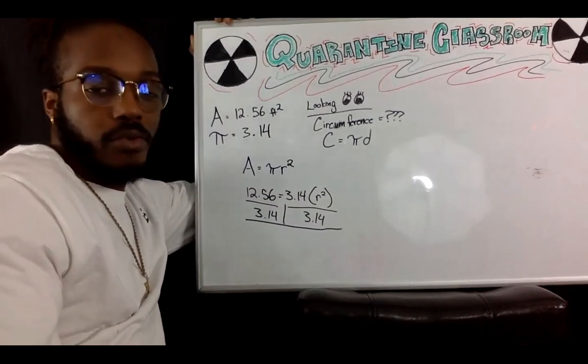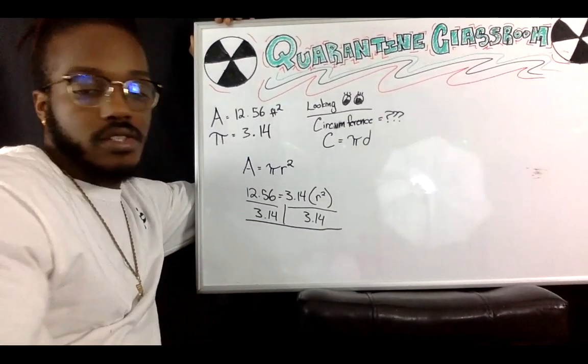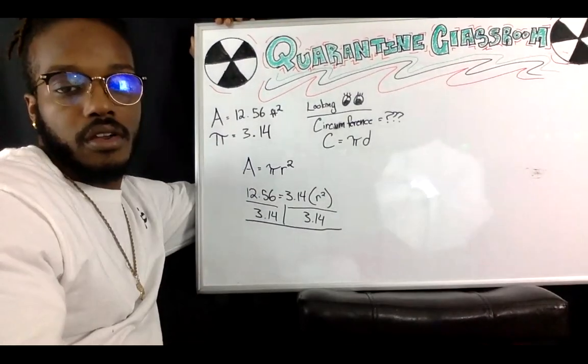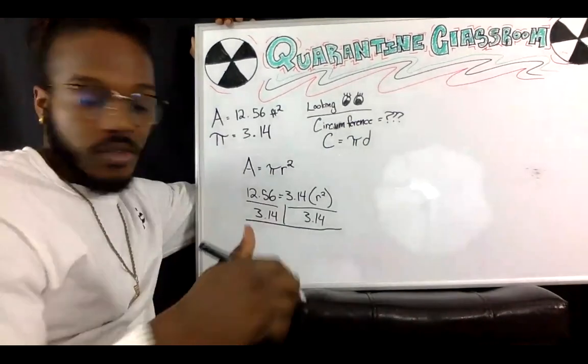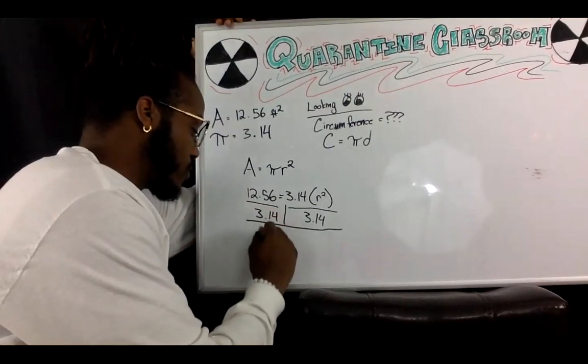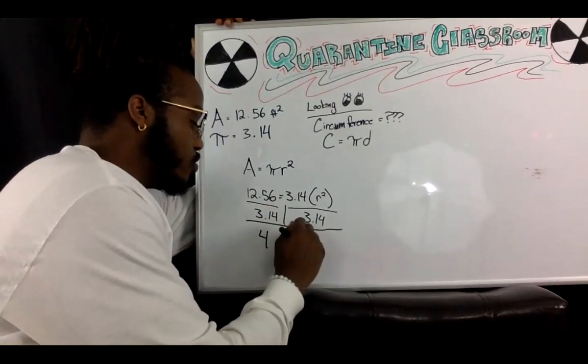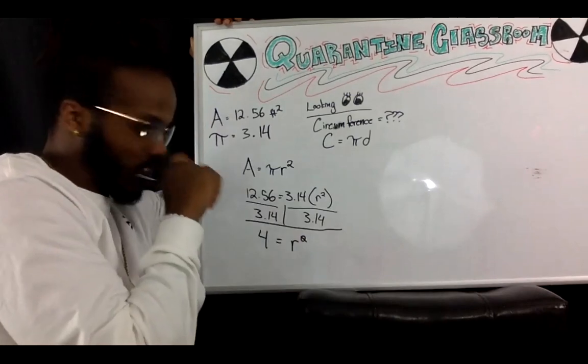And when you divide by 3.14, let me just double check my work, you get 4. 4 is equal to r squared.